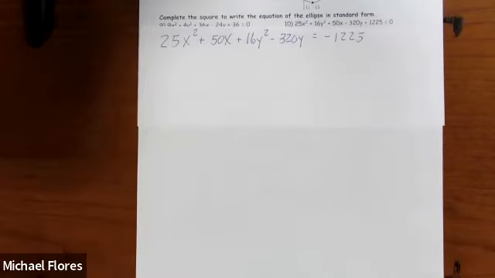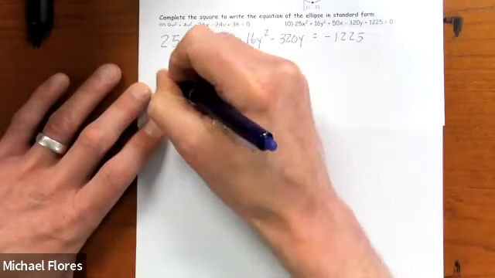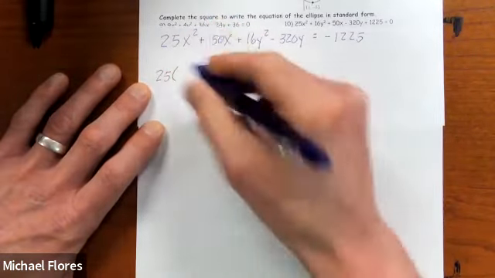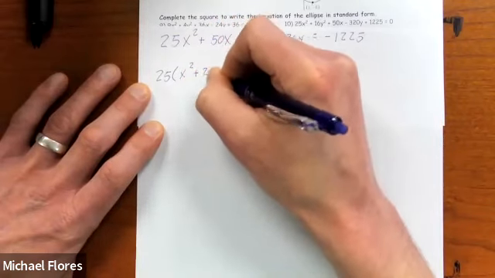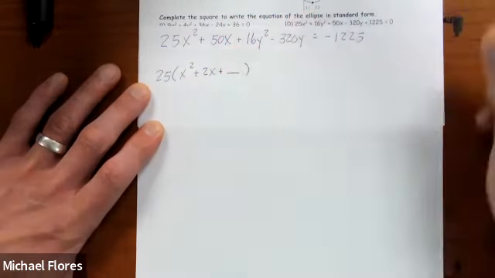Okay, I'm going to go a little faster here. Feel free to pause if you need to. I'm going to go ahead and factor out my 25 here, and leave me some space for completing the square.